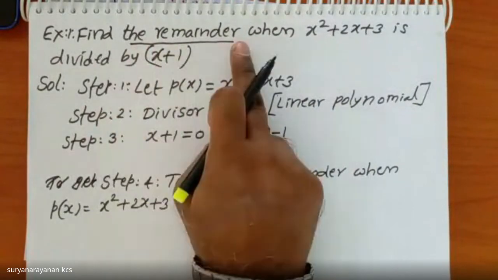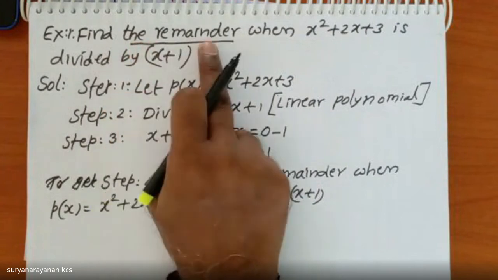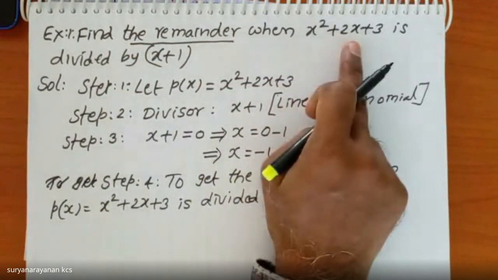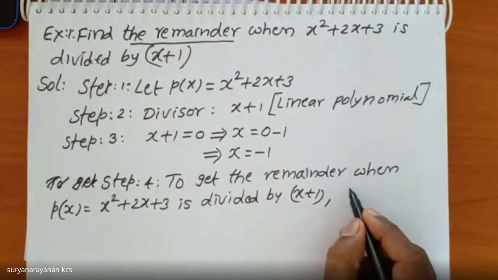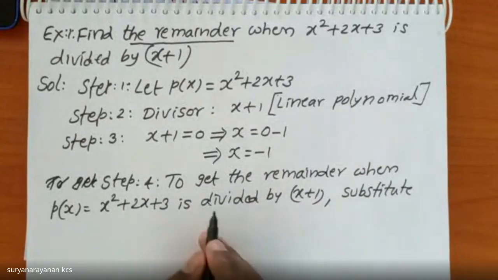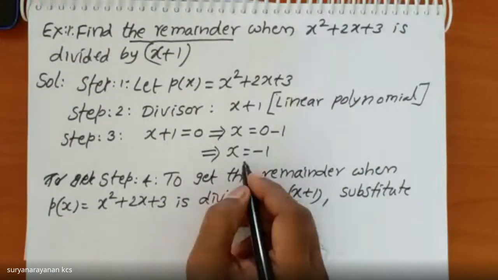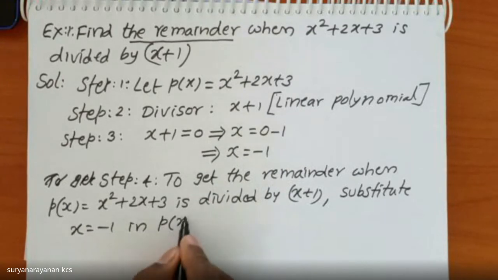Put or substitute x is equal to -1 in P of X.